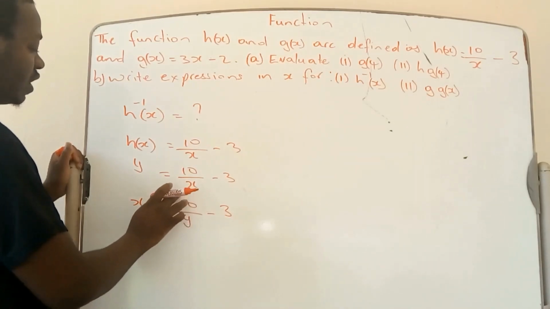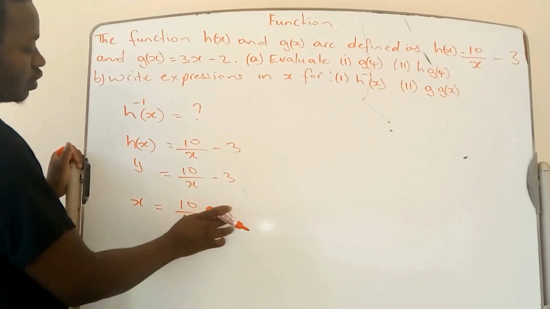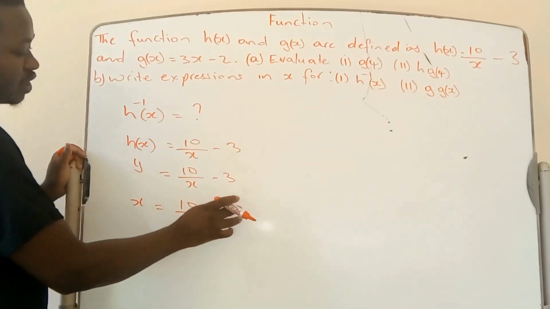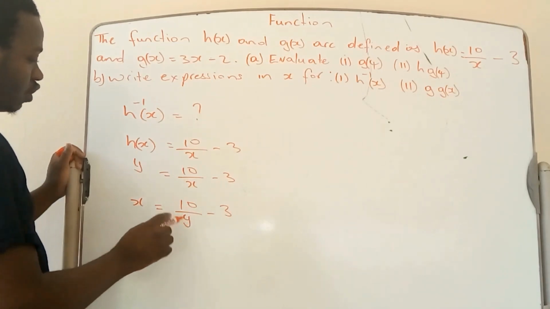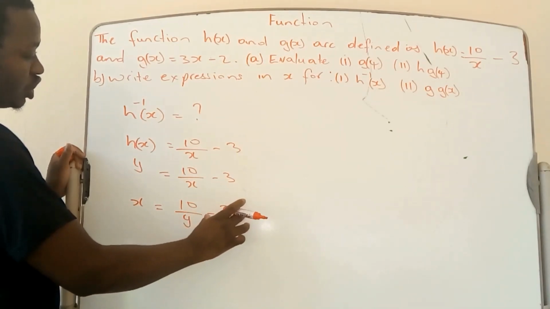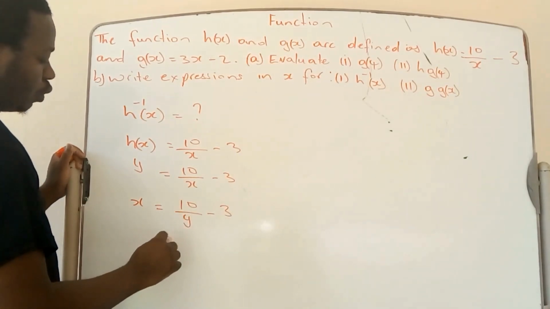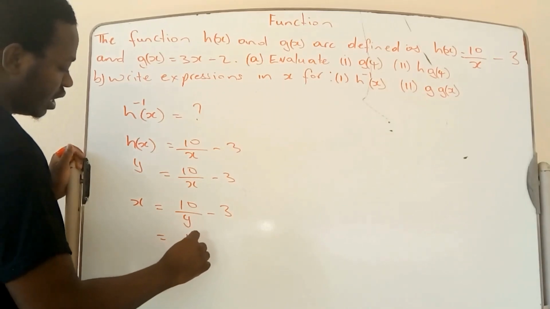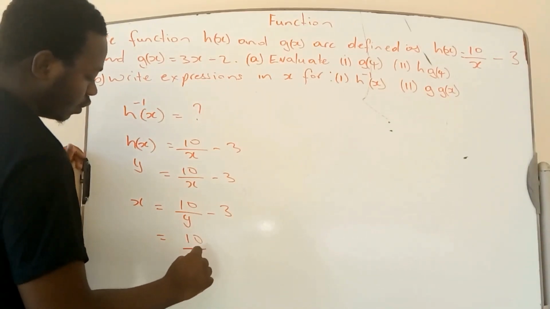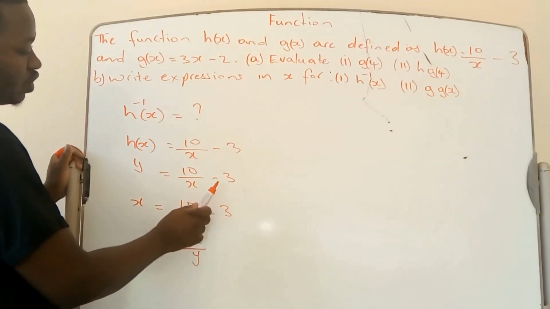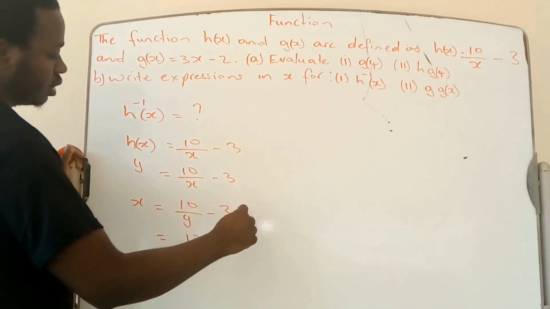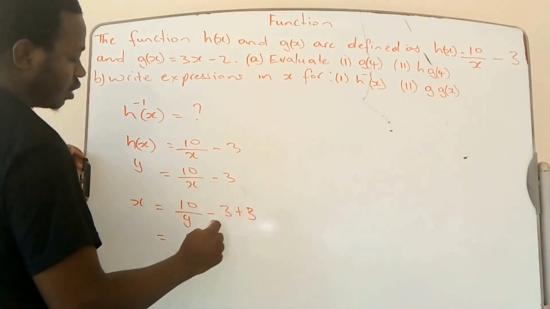So here we have 10 divided by y minus 3. That means we want to get rid of this minus 3. We have to add 3 to both sides. If we add 3 to this side, we now have 10 over y on this side, because minus 3 plus 3 gives us 0.